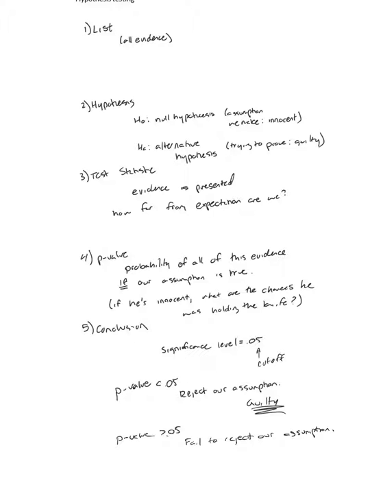For instance, the person can be found guilty, or, really important, the person can be found not guilty. We never conclude someone's actually innocent. In fact, we'd say they're not guilty, and the reason for that is, well, there's just not enough evidence to find them guilty. In hypothesis testing, we can reject our assumption, that is, we can reject this idea up here, but we can never actually accept that. We never prove someone's innocent. We just say, well, there's not enough evidence to prove otherwise.